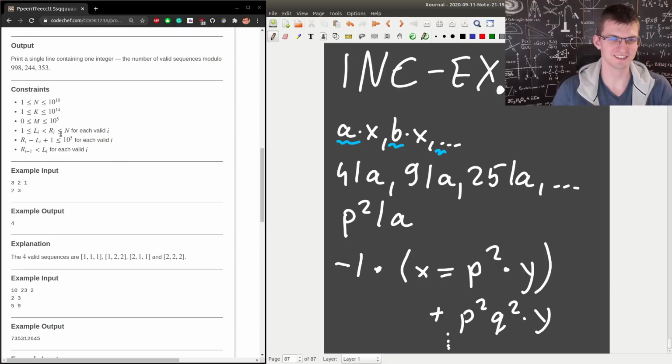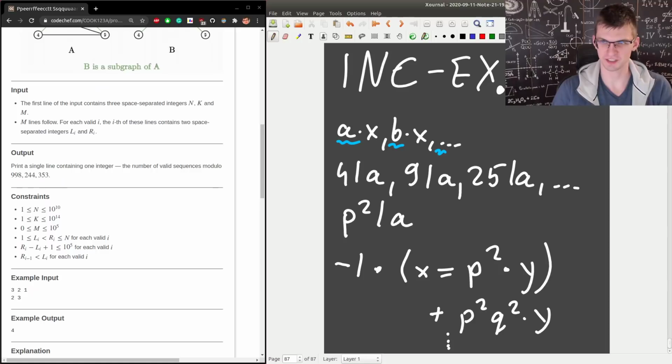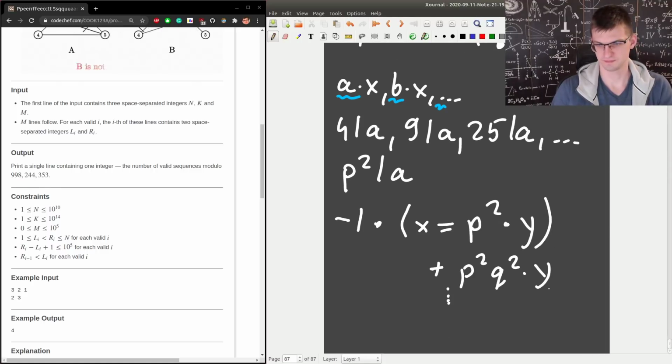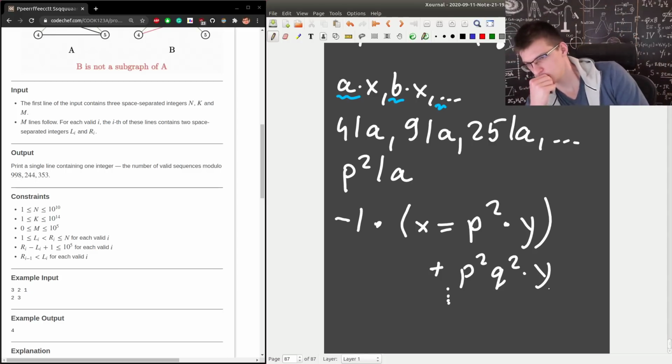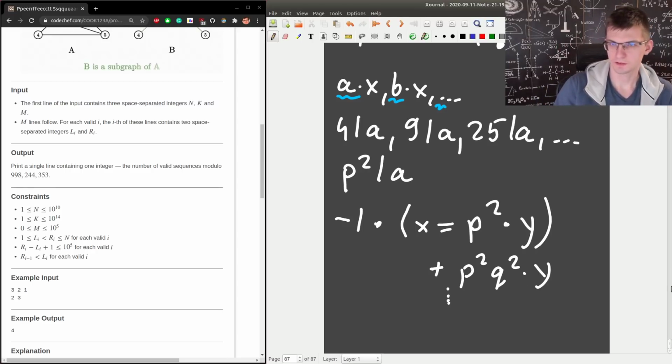This would create a nice subtask. The subtask is m equal to 1. This is what I can solve, I think. Okay, so what exactly do I do?